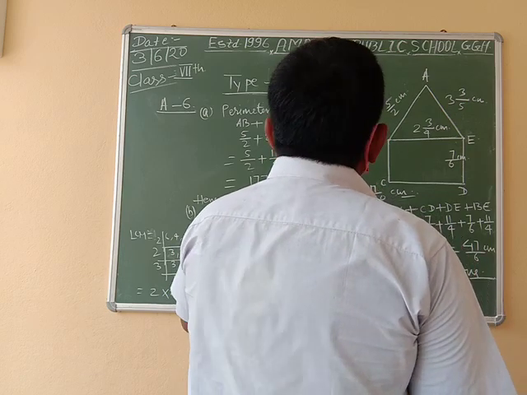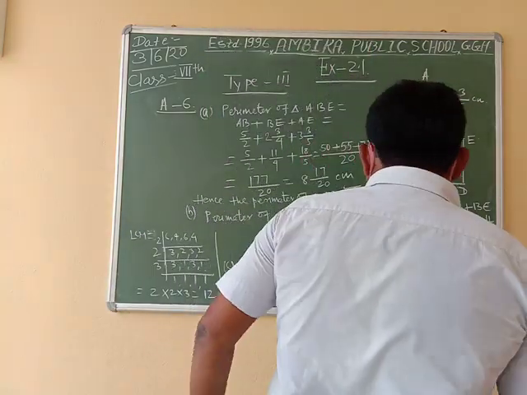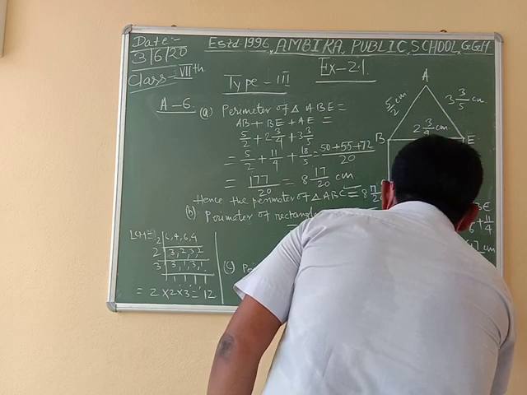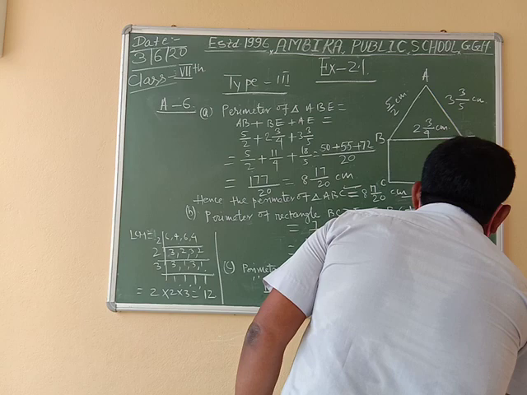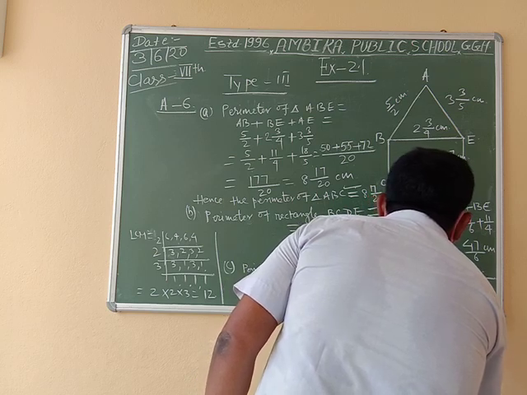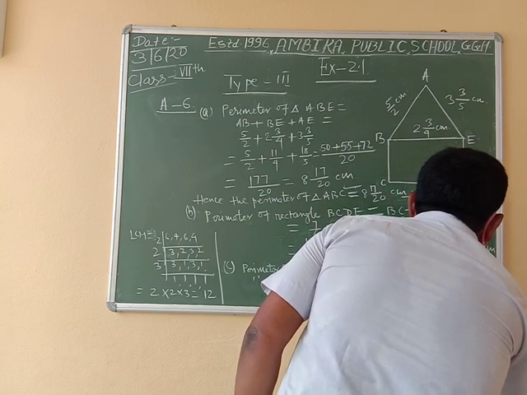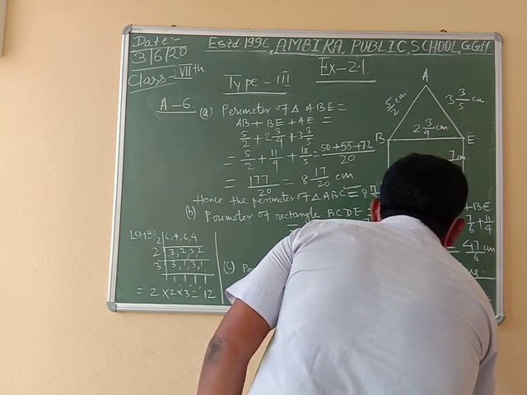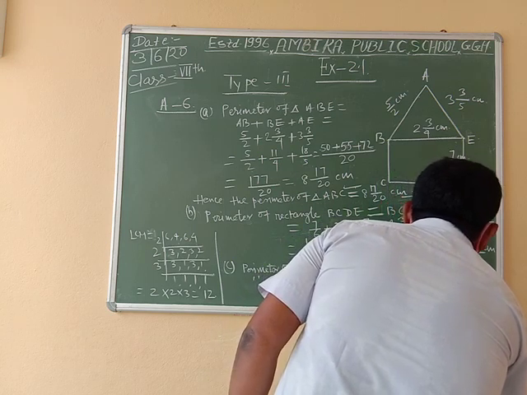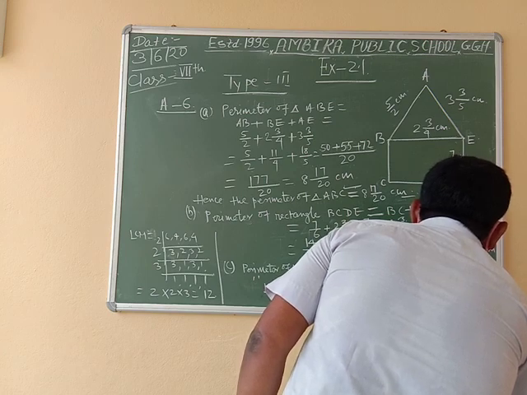So the perimeter of the triangle is greater than that of the rectangle BCDE. Hence the perimeter of triangle ABE is greater than the perimeter of the rectangle.